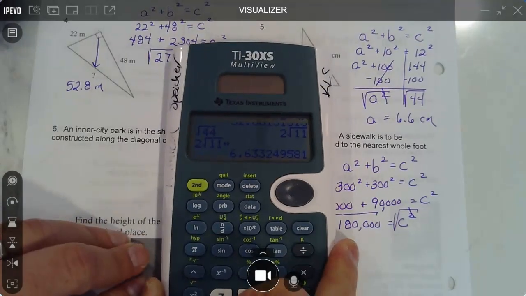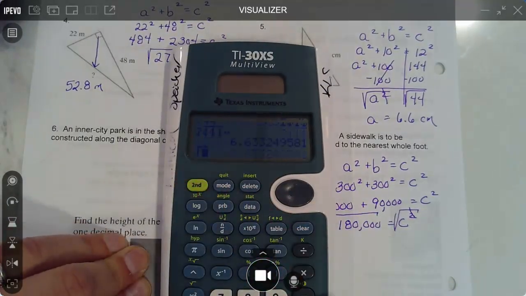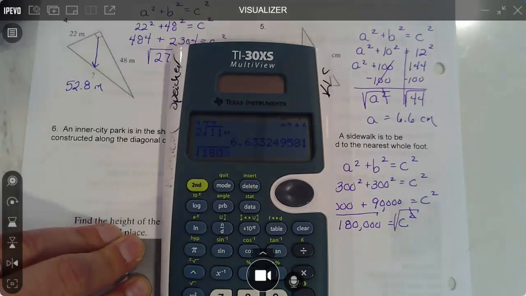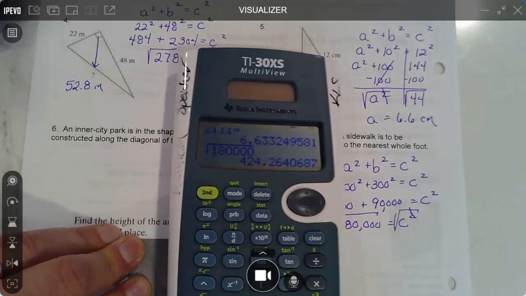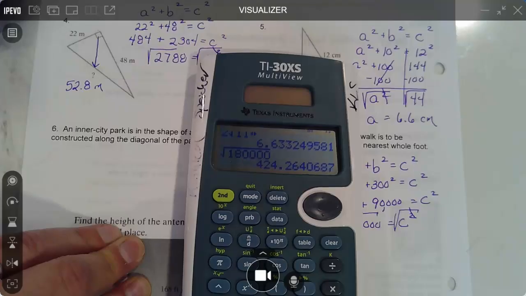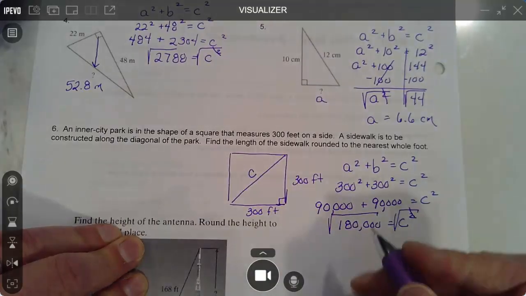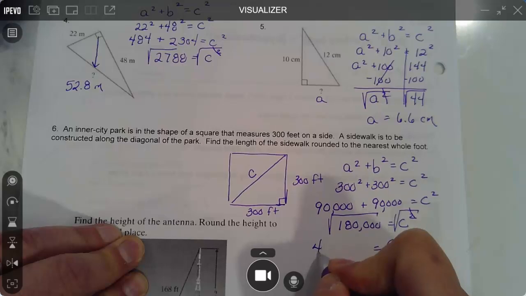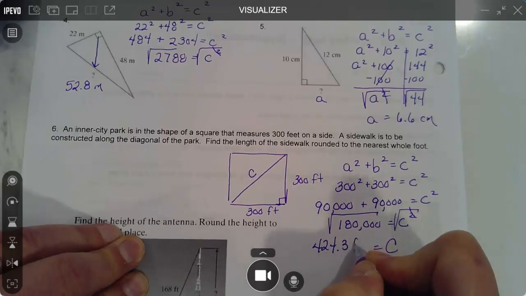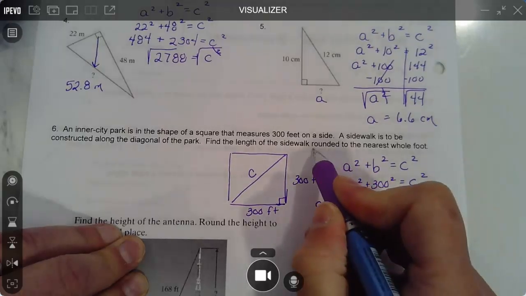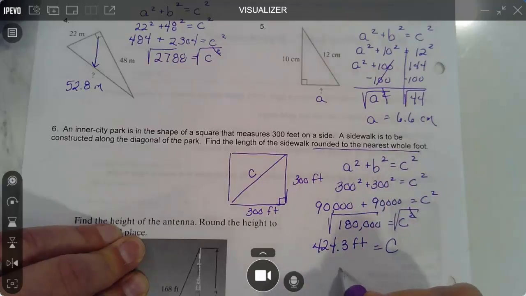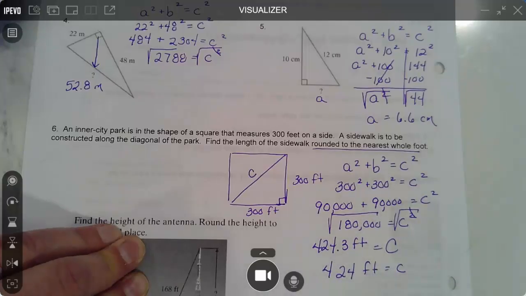Okay? So the square root of 180,000 is 424.3. Okay, so c is 424.3 feet, but they said round to the nearest whole foot. 424 feet is going to be the length of the sidewalk.